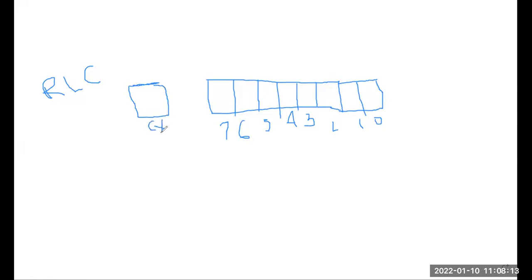Now what is happening here? The content of the accumulator will be shifted to left by one position, and here it is mentioned without carry.